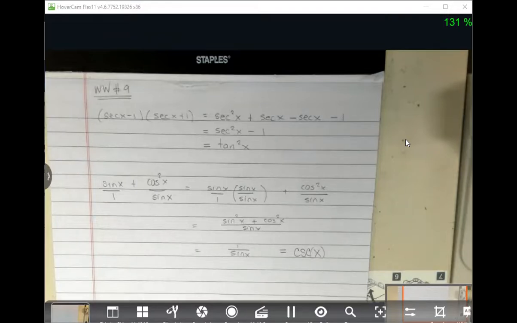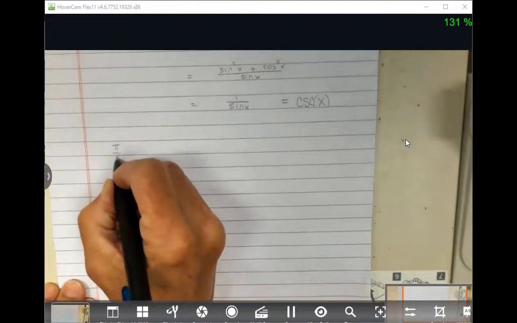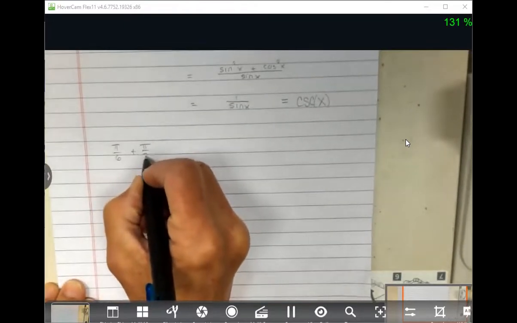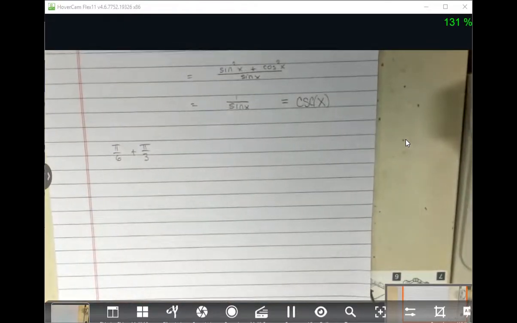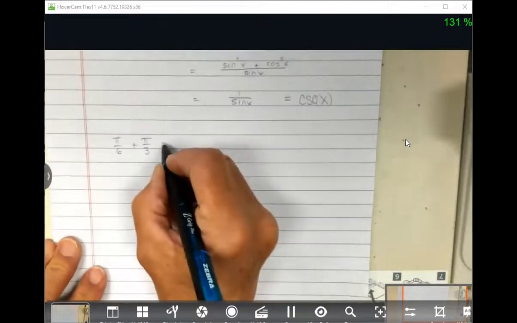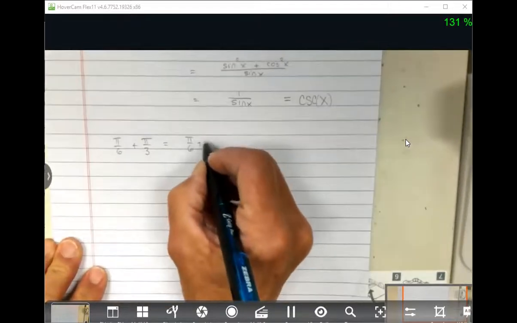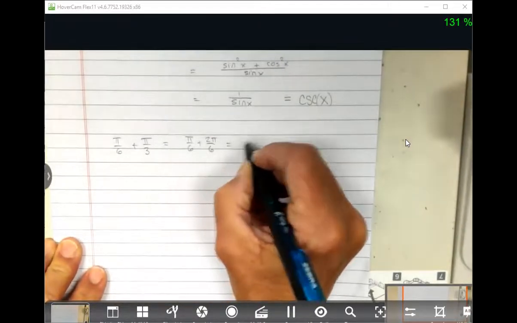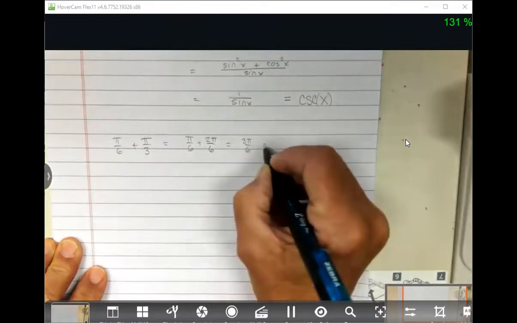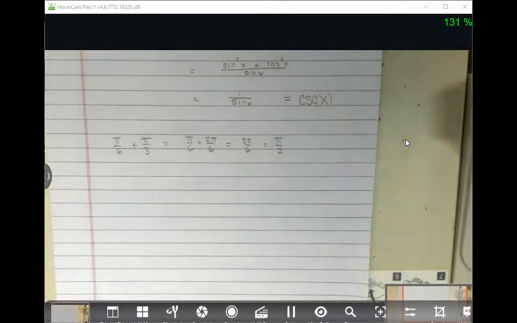What do you get when you add, say, pi/6 plus pi/3? What is pi/6 plus pi/3? Quickly add those together. Pi/6 plus pi/3 is pi/6 plus 2pi/6, which is 3pi/6, or pi/2, correct?